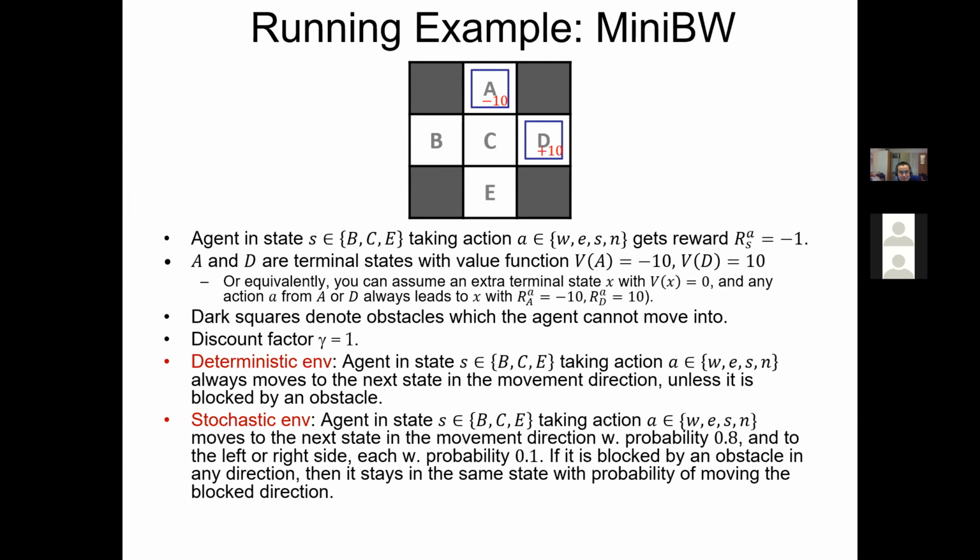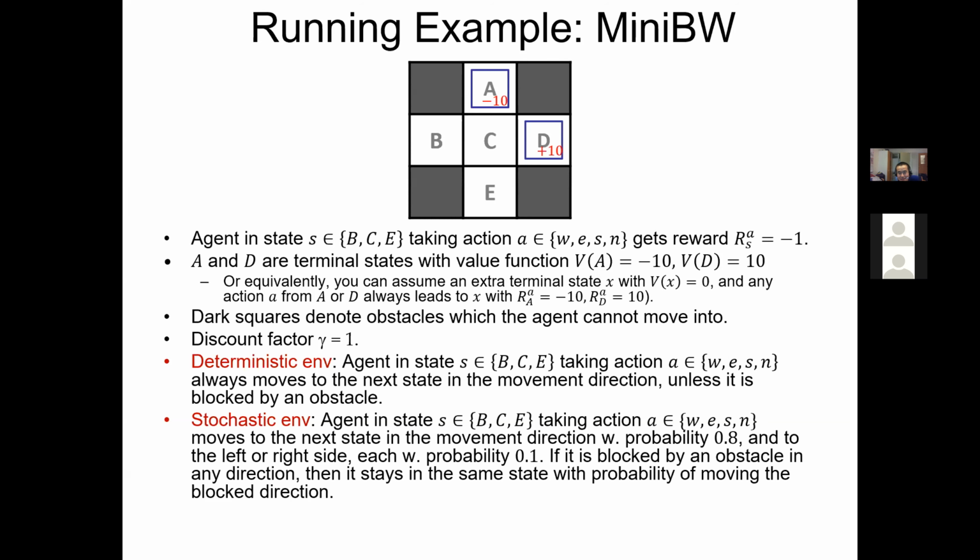You may have a deterministic environment or a stochastic environment. Whereas if you try to move in a direction, you actually go in that direction with probability 0.8, and with probability 0.1 each, you go left or right. So the robot's wheel doesn't work very well.